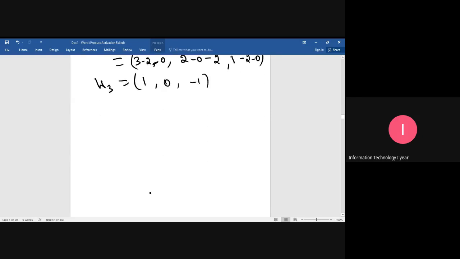W1, W2 and W3, we calculated now. These values are an orthogonal set.